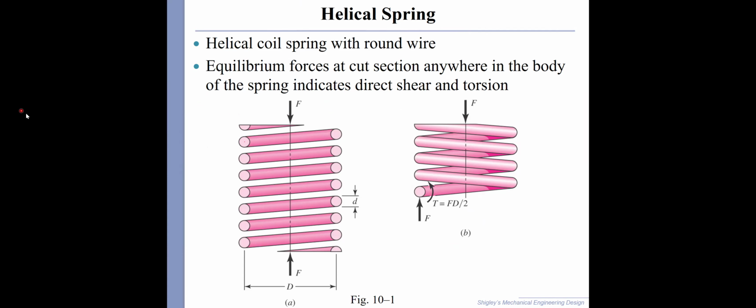If we cut a section anywhere, for example, and we fix on this cross section here, there must be a force, right, which is parallel to this cross section, and the moment of the force creates a moment, or say creates a torque.